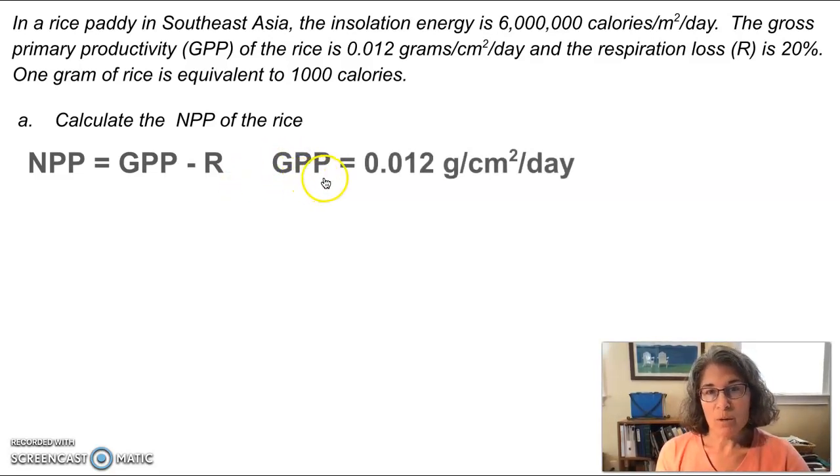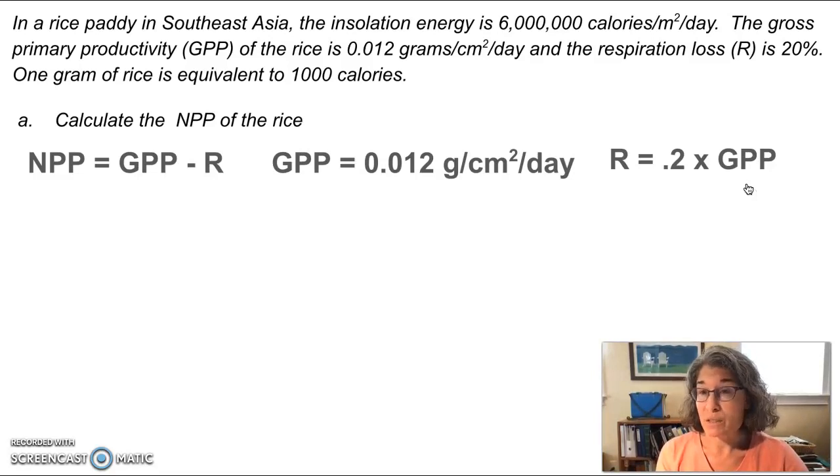From the problem, we know that gross primary productivity is equal to 0.012 grams per centimeter squared per day. And we also know from the problem that respiration is equal to 20% of the gross primary productivity. So in other words, 20% of gross primary productivity is lost to respiration. All right, well now we're pretty much set, right? If we can plug in GPP and we can plug in R, we can solve for NPP.